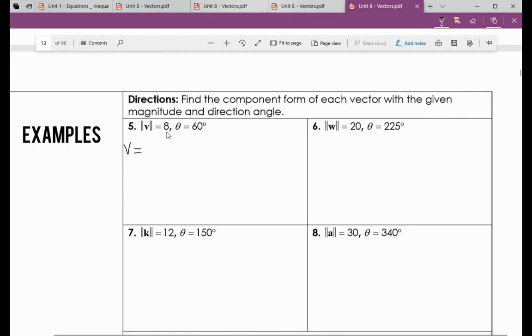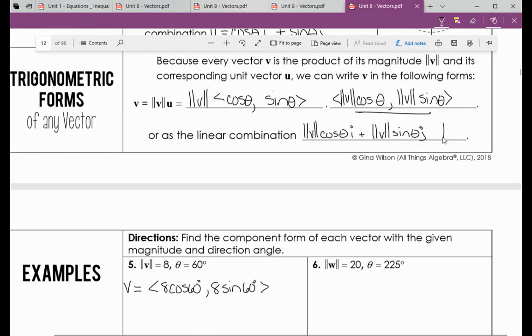So this vector would be 8 cosine 60, 8 sine 60 degrees.